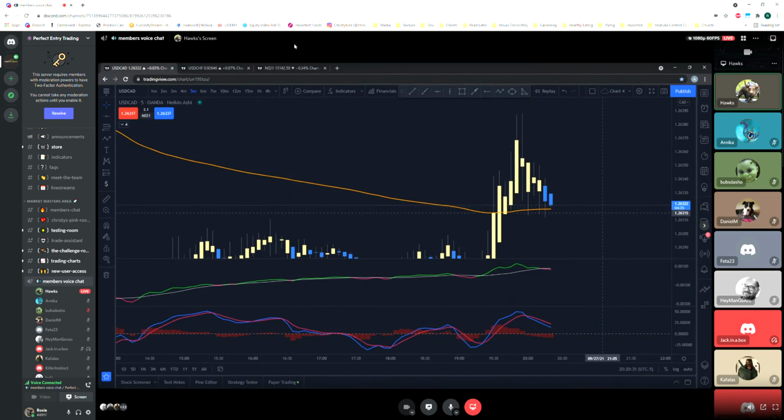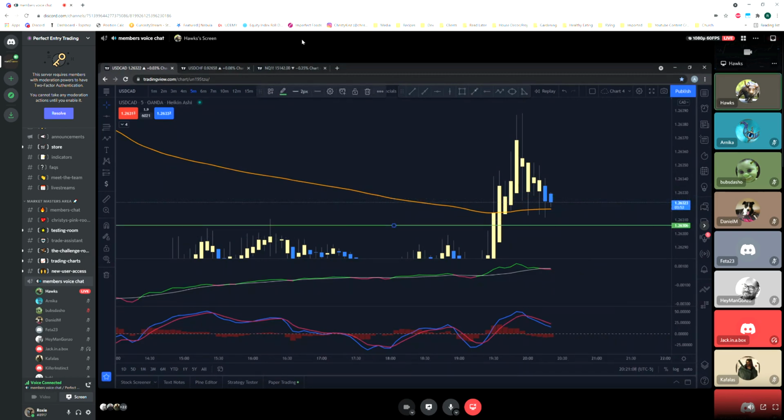That dotted line will always follow the body of the current candle, not necessarily where the exact price is. I'm going to use this line here, for instance. This dotted line is following the body of the Heikin-Ashi candle, but the actual price of this candle is right where my green line is.